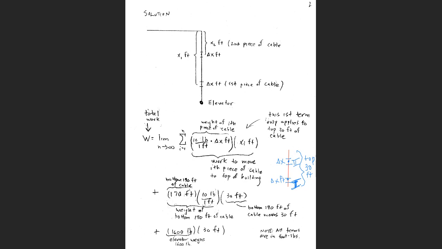Which piece of cable is going to take more work to bring to the top of the building? Cable piece 1 or cable piece 2? Both pieces of cable weigh the same. But which piece of cable does it take more work to bring to the top of the building?